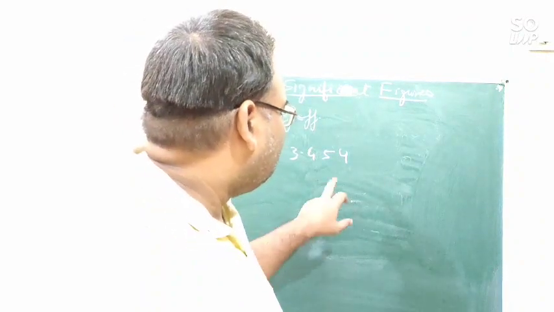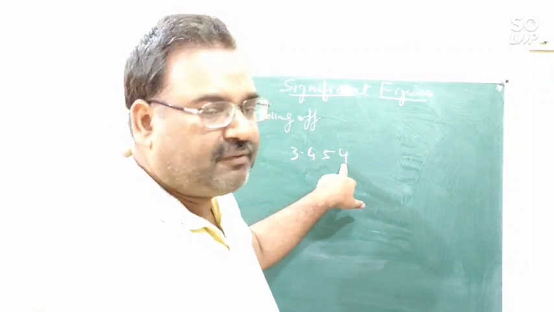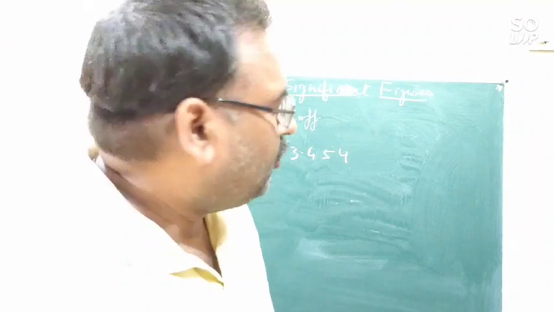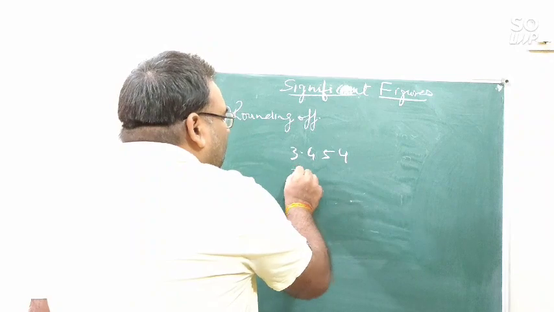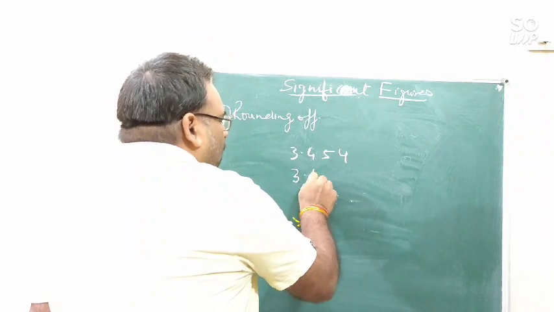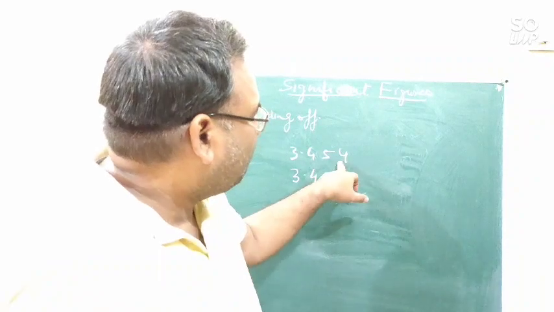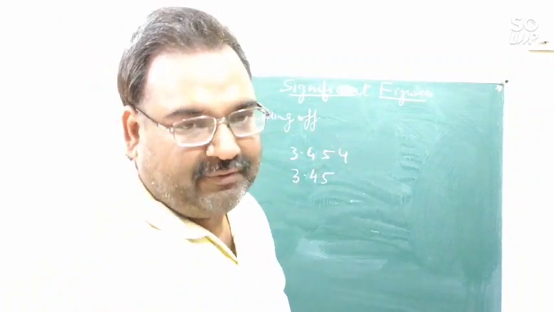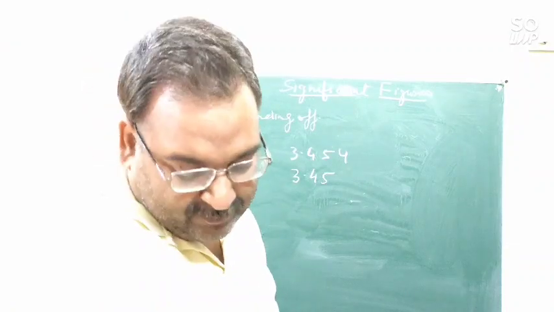Now we see the last digit, which is 4, less than 5. So when we round off to this position, it will be only 3.45, because the last digit is less than 5. So no rounding off will take place.